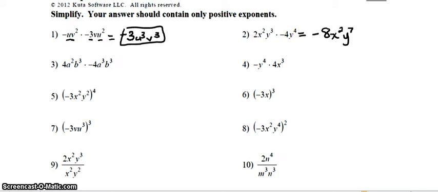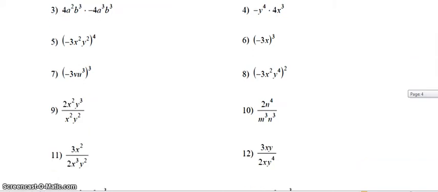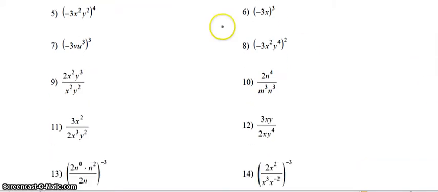Alright. Okay, let's look at raising to a power. So number 5. Okay, this one is a very good question. Here you have a negative sign, and you're raising it to the fourth power. Or you can say I have a 3 and I'm raising it to the fourth power. So let's do that.